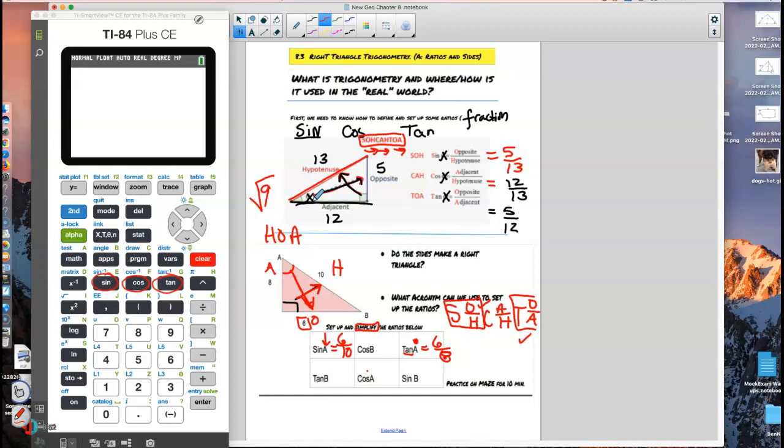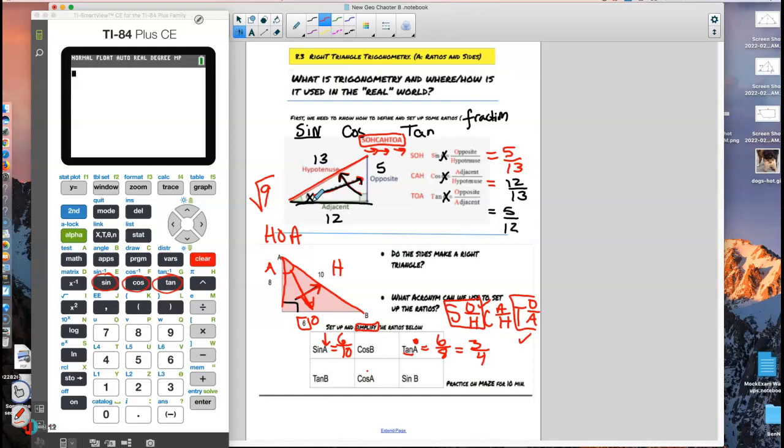And again, you might say these two are both adjacent. The one across from the right angle always gets to be the hypotenuse. So this would be 6 over 8, which is equal to 3/4. Again, you don't know yet the application of this. We're just giving you the working tools for it.